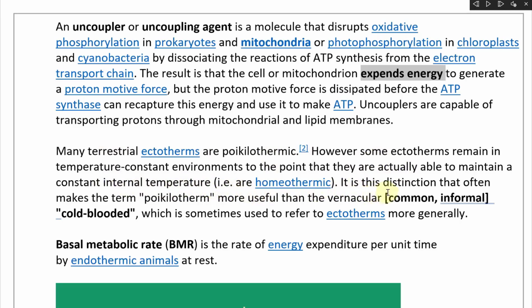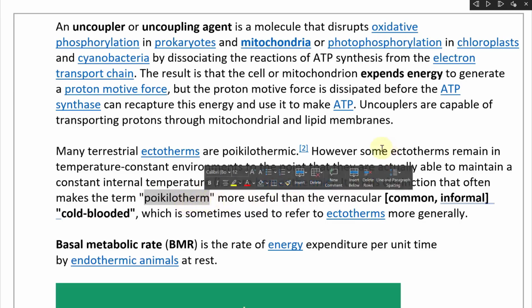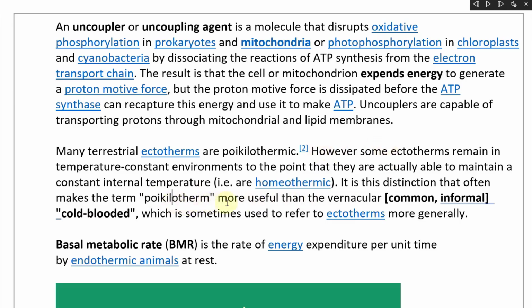It is this distinction that makes the term poikilotherm more useful than the vernacular / informal cold-blooded, which is sometimes used to refer to ectotherms more generally. Poikilotherm is more useful just because it refers to variation of the temperatures.